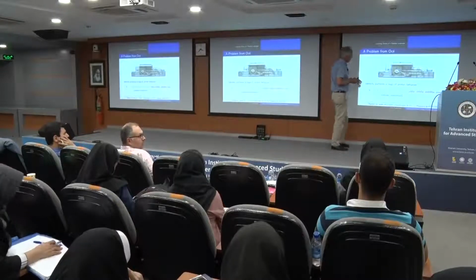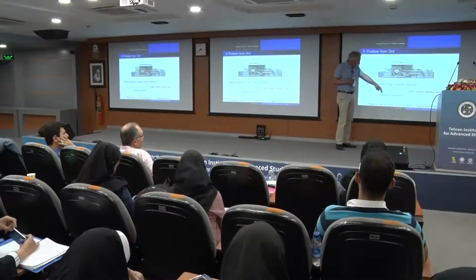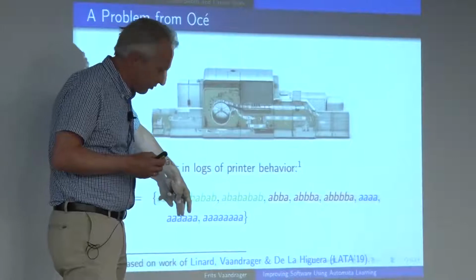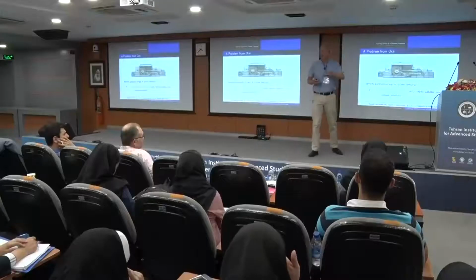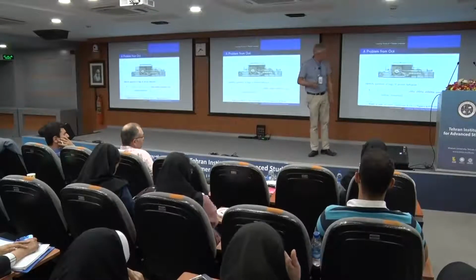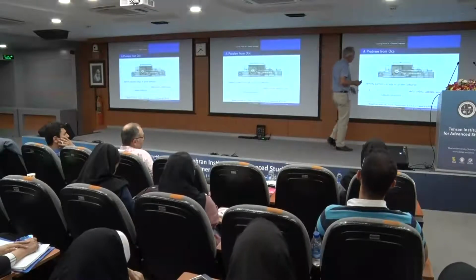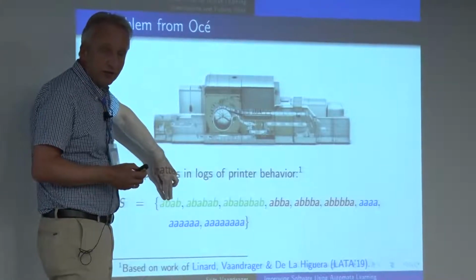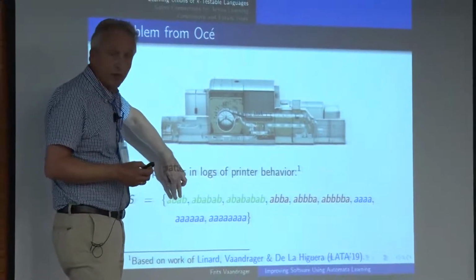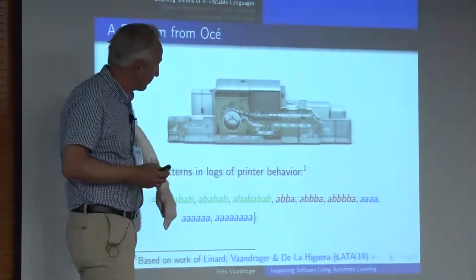So, for instance, you can imagine a pattern AAAA, you just print n pages, one-sided, that's it. But maybe you have alternating pages which are treated in a different way. Then you have a pattern AB, AB, AB, AB.